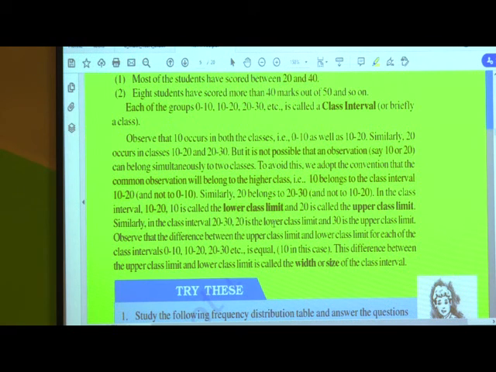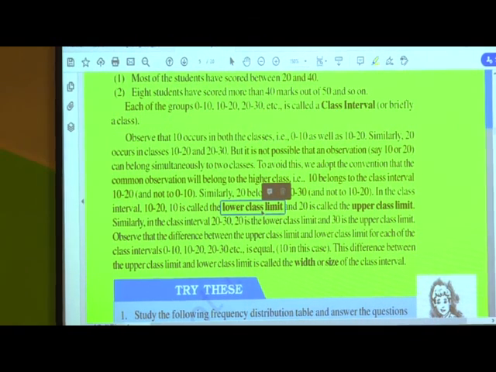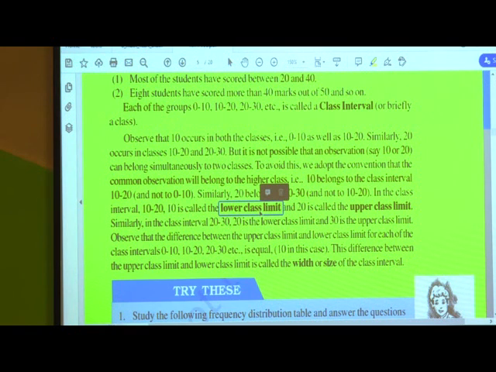And obviously 20 will become the upper class limit. Similarly, in the class interval 20-30, 20 is the lower class limit and 30 is the upper class limit.